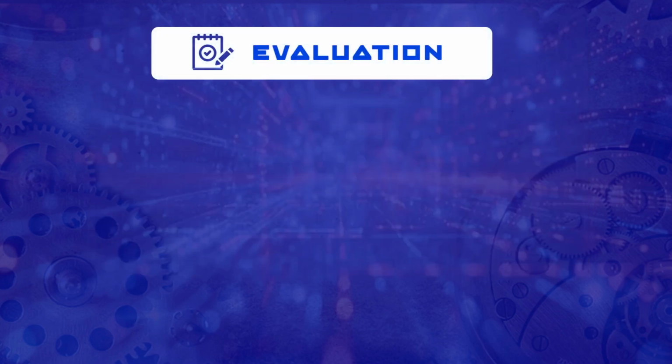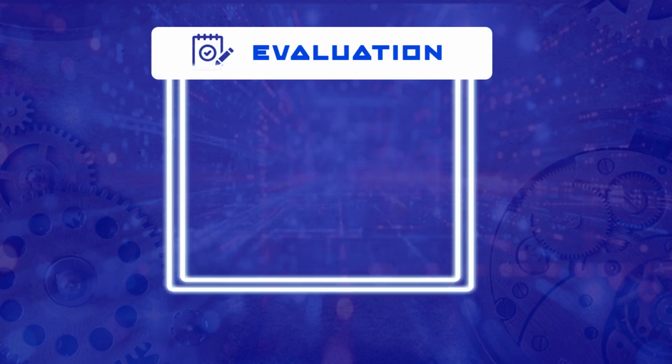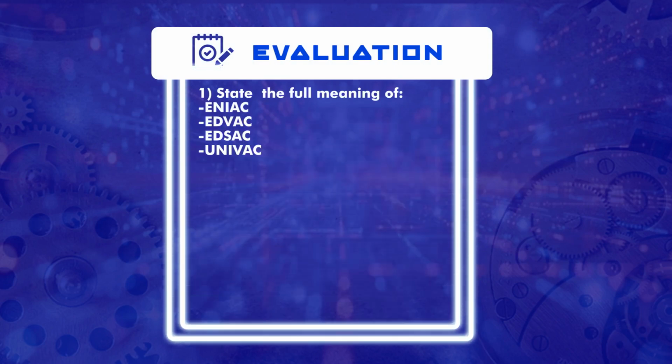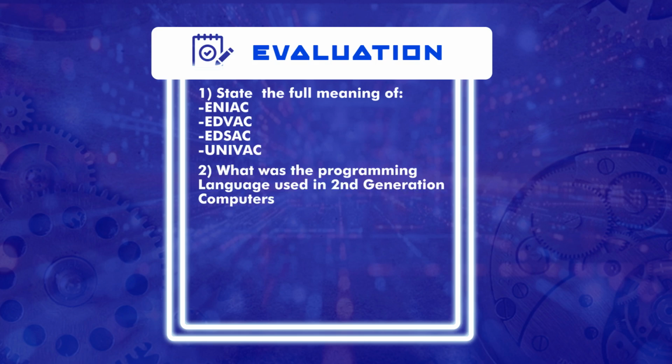So very quickly, let's do some evaluative questions. The first one is, state the full meaning of ENIAC, EDVAC, EDSAC, and UNIVAC. The next question is, what was the programming language used in 2nd generation computers?